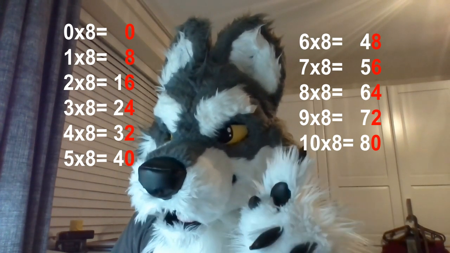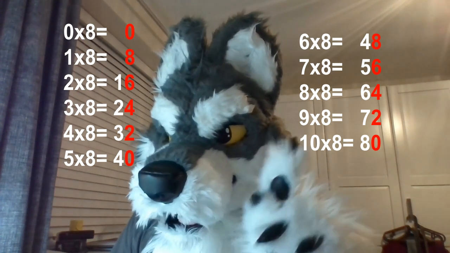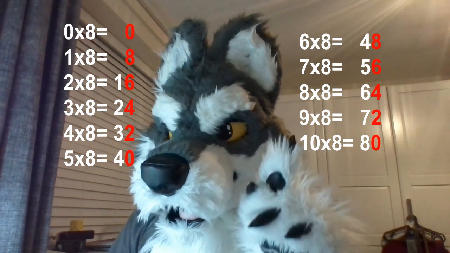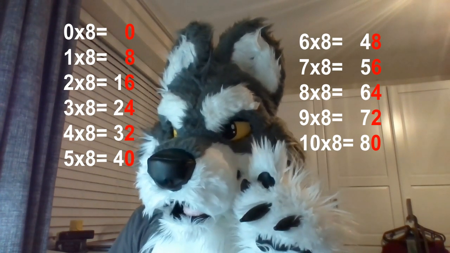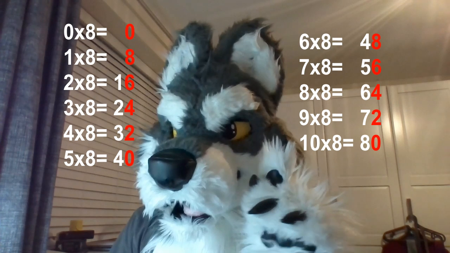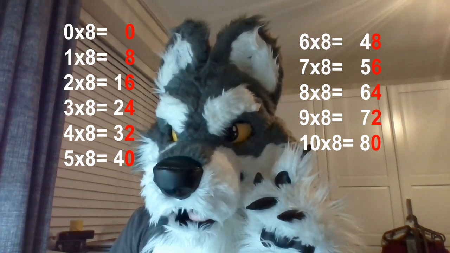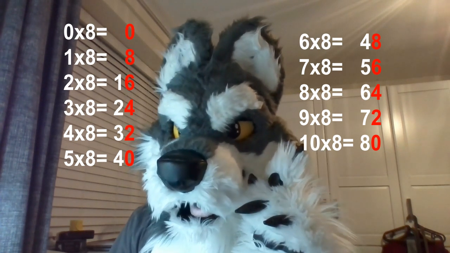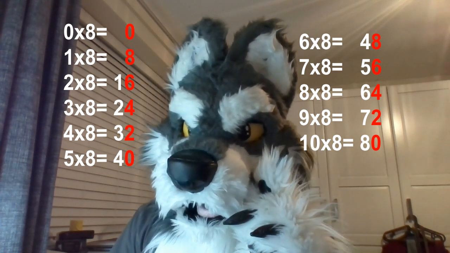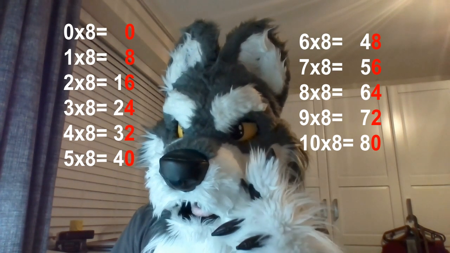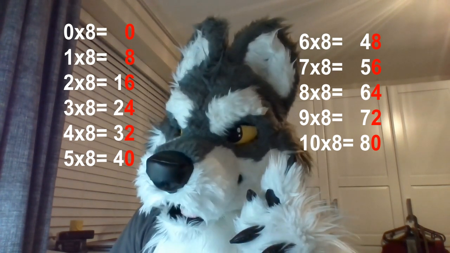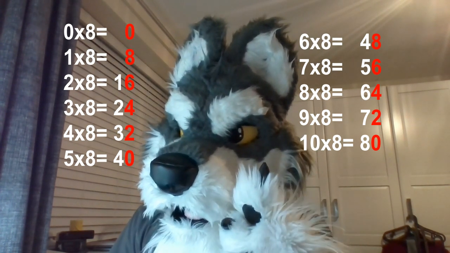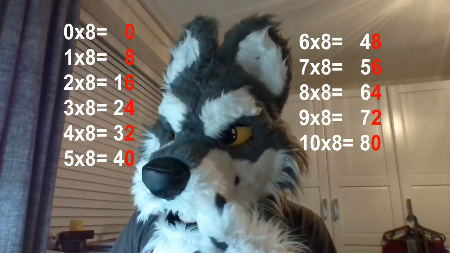Then 6 times 8 is 48. And 7 times 8 would be 56. And then, oh sorry, 8 times 8 would be 64.